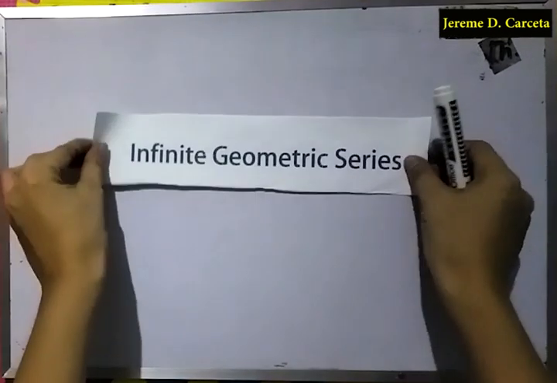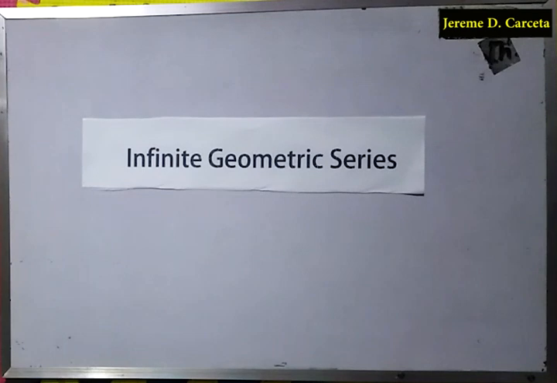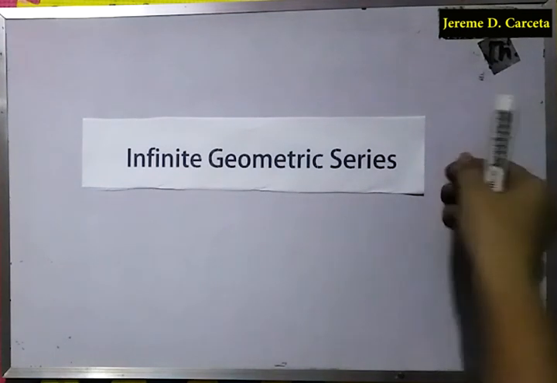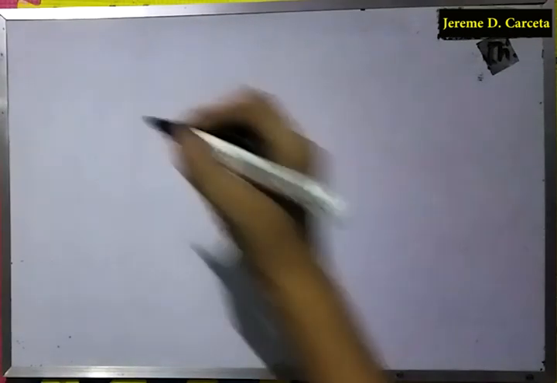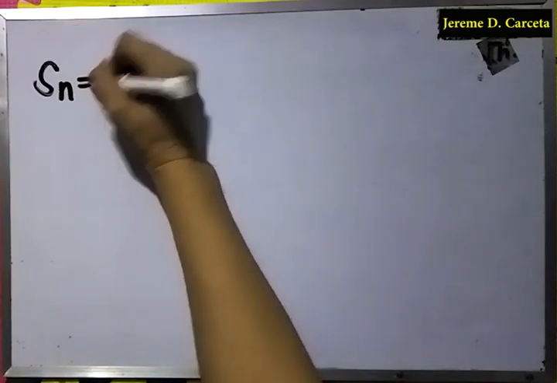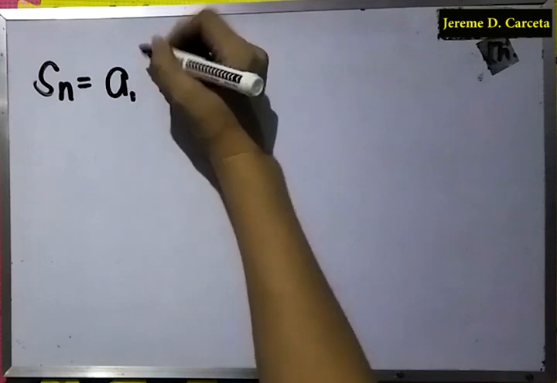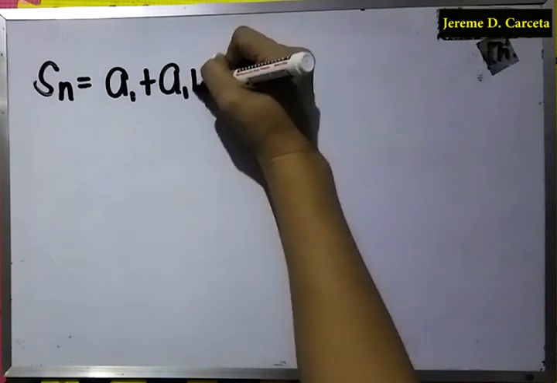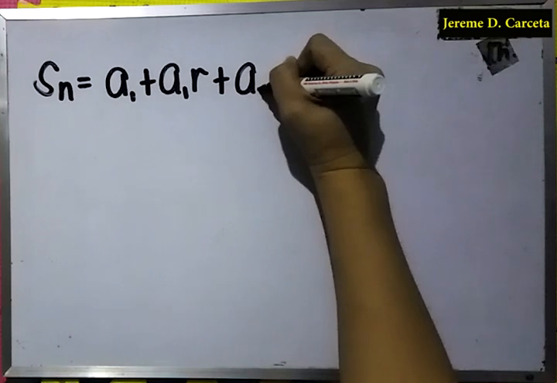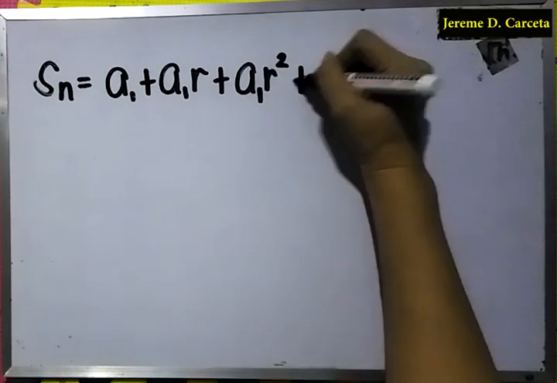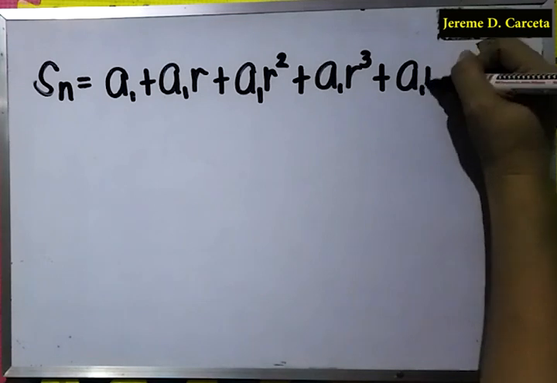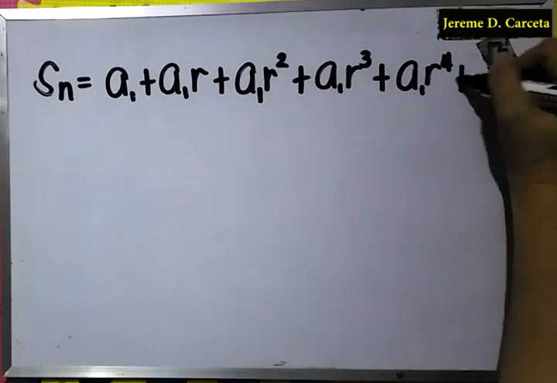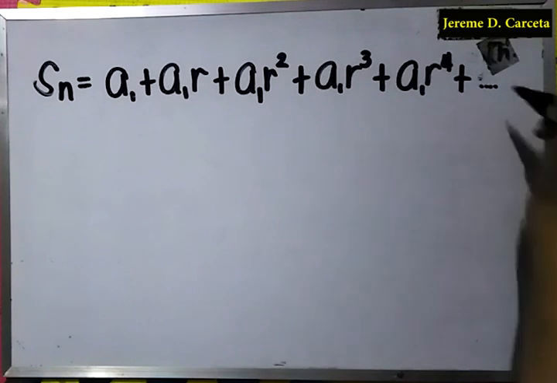Aside from the finite geometric series, we also have what we call infinite geometric series. To find the formula for solving infinite geometric series, let's say we have S of n is equal to a sub 1 plus a sub 1 times r plus a sub 1 times r squared plus a sub 1 times r cubed plus a sub 1 times r to the fourth power plus, and it goes on.